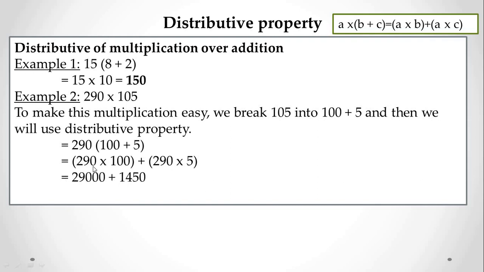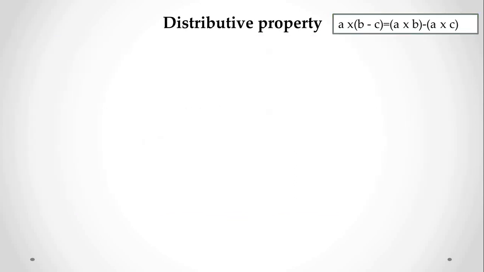You can easily multiply any number by 100. Finally, whatever answers you get, you do their addition and get the result. So to make the exercise or the product simple, we use the distributive property.